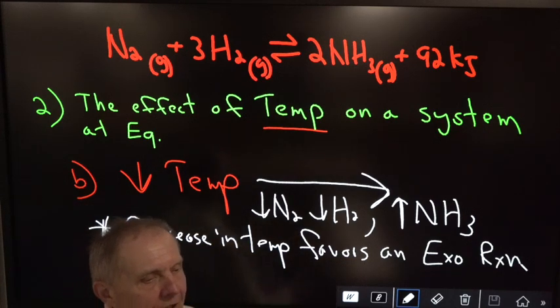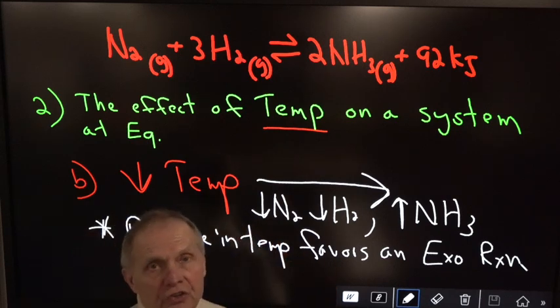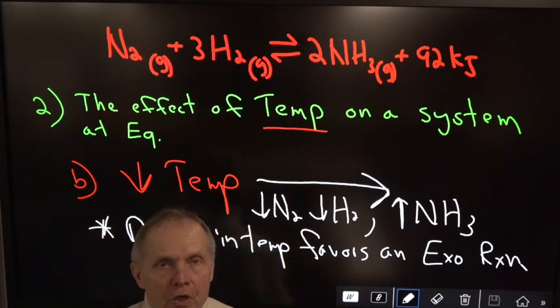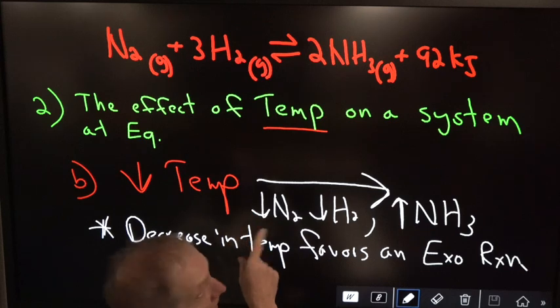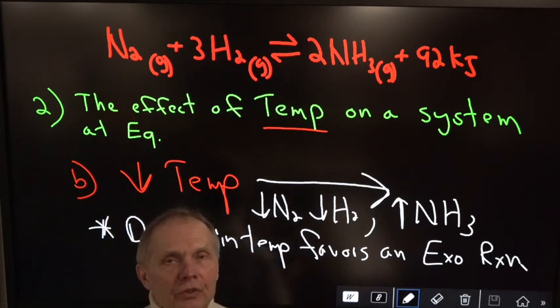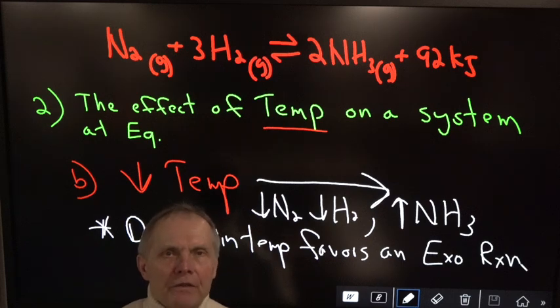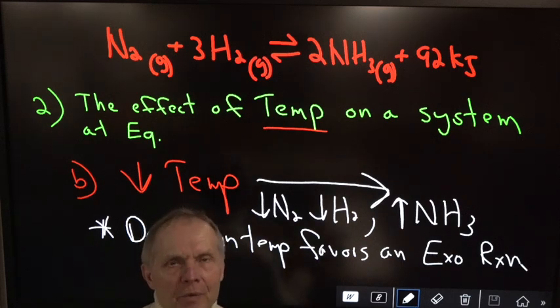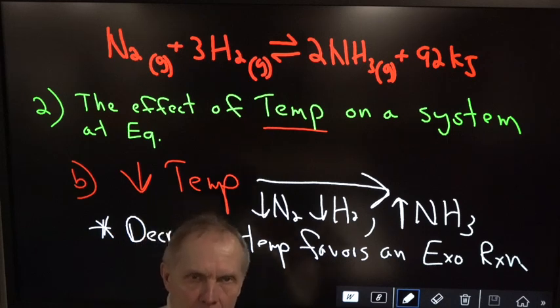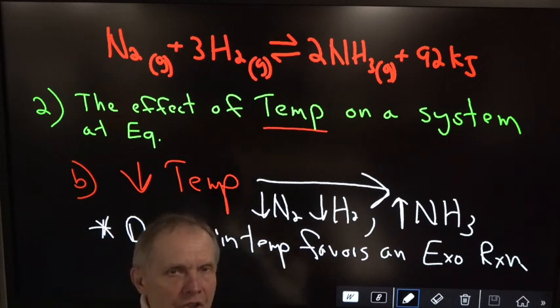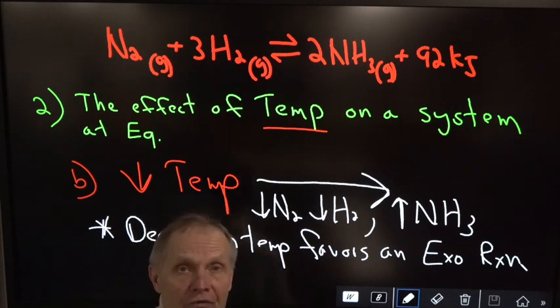So, you know, for these stresses, it's all about molecular collisions, but for concentration as a stress and temperature as a stress, you can think about mound and hole. Remember, if it's a mound, you've increased something, it's being swept away from the mound. If it's a hole, you have to fill in the hole, the reaction has to go toward the hole, okay? Those are the only two things you can use mound and hole for.